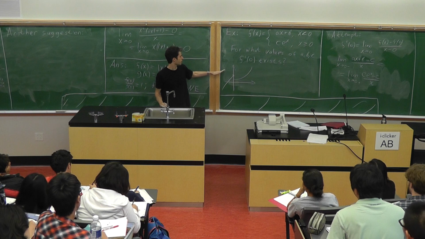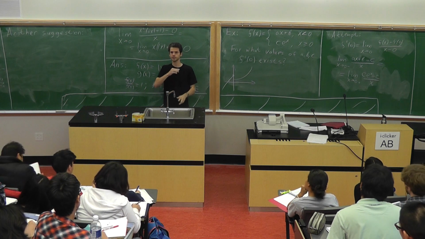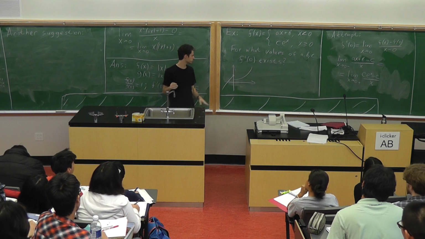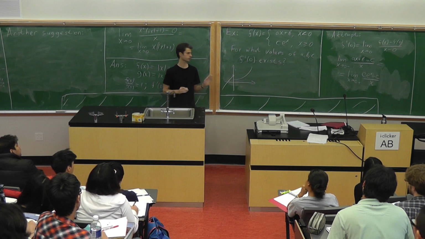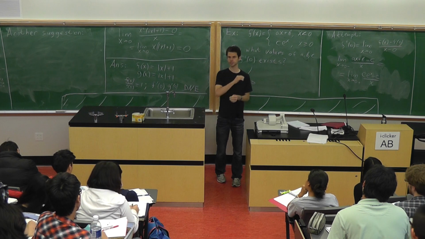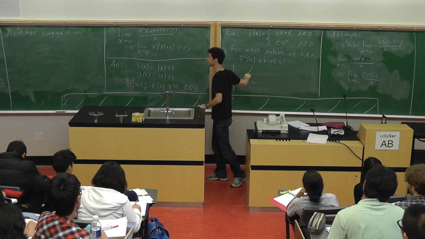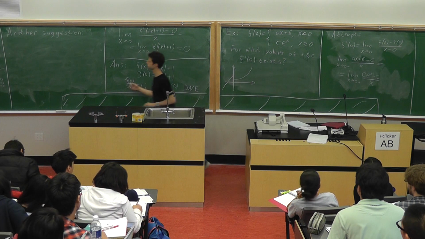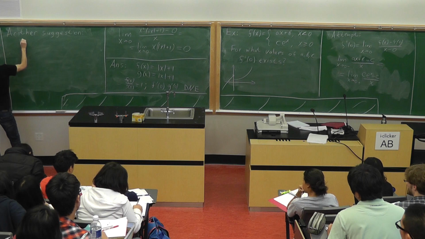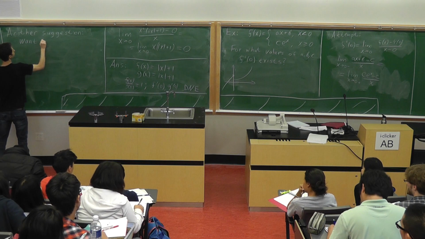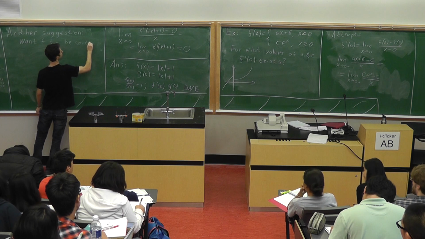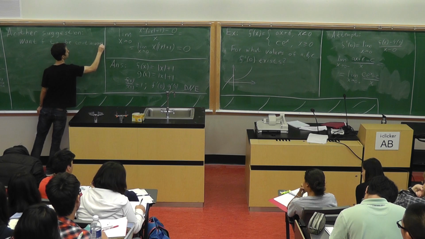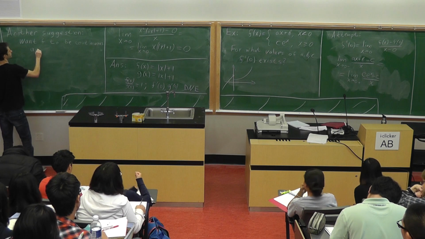So another suggestion is as follows. I want my function to be kind of smooth, without any corners and without any breaks like this. So I would want it first to be continuous so that this graph will not have any breaks. And then, first I want f to be continuous and have no corners.